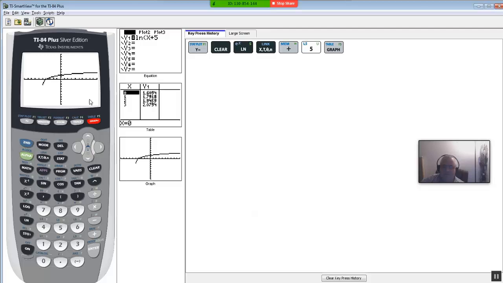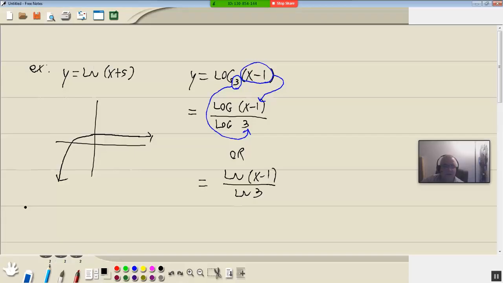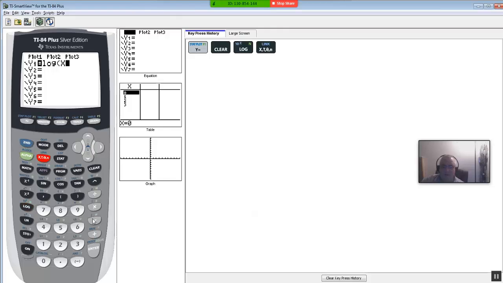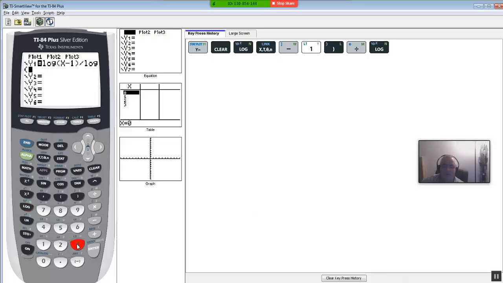Now I'm going to graph this. So I'll go to y equals, clear, and I push my log button. Then I've got x minus 1, closing parentheses, divided by my log button, and 3. And you can put a closing parenthesis at the very end there. You don't need it at the very end.